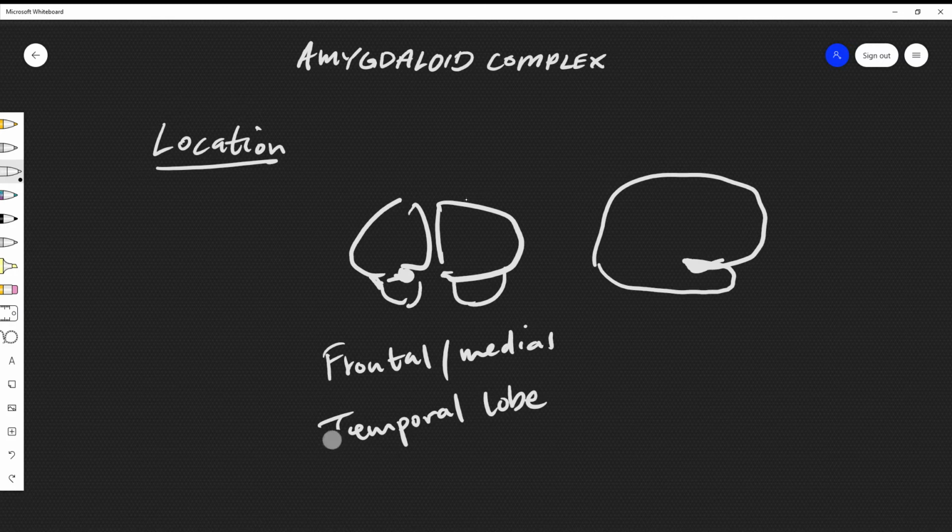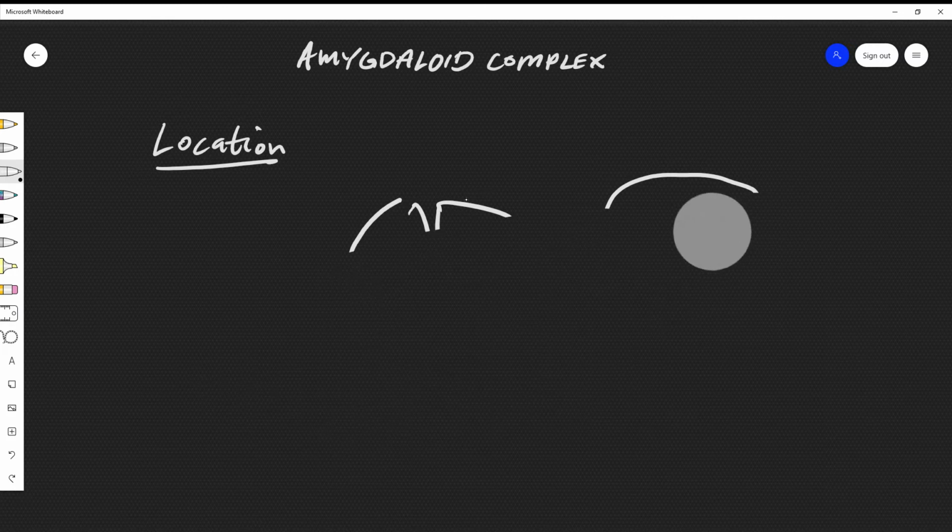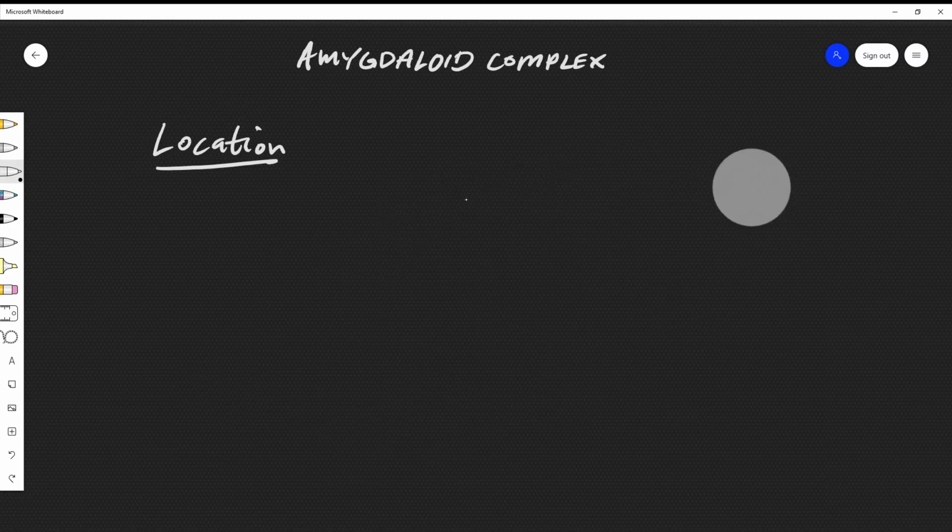Alright, so let's just erase this. Now for the blood supply.